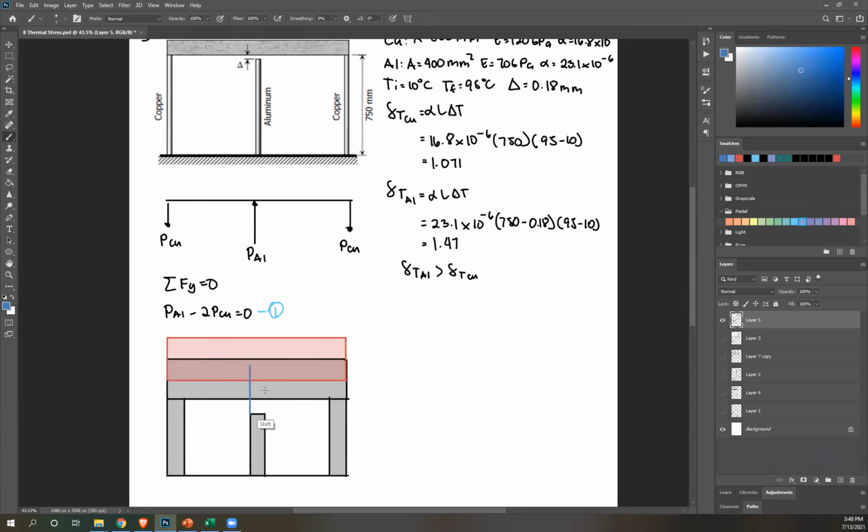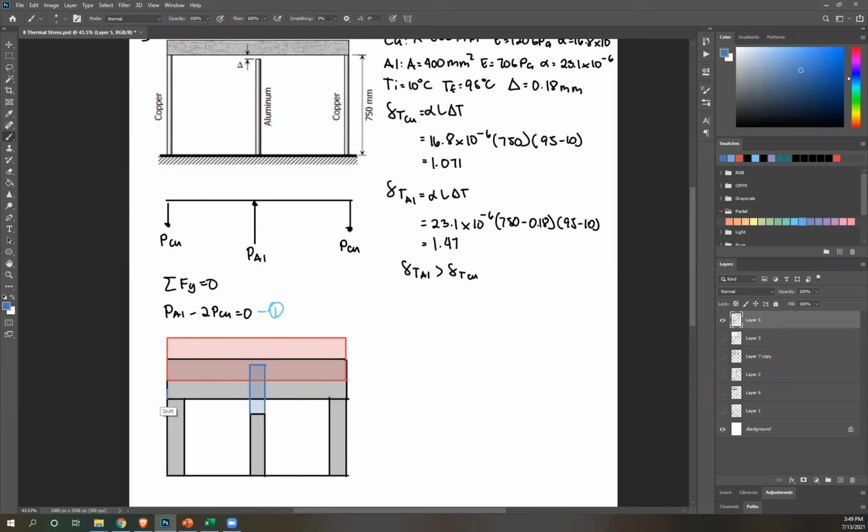Your aluminum will elongate here. It's going to elongate more than the final position of your slab because there are downward forces from copper not allowing it to move any more upward. So now this is the total deformation due to temperature of your aluminum.